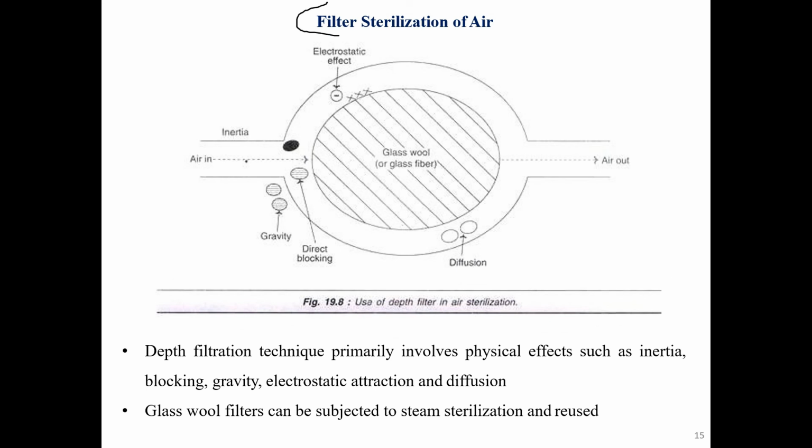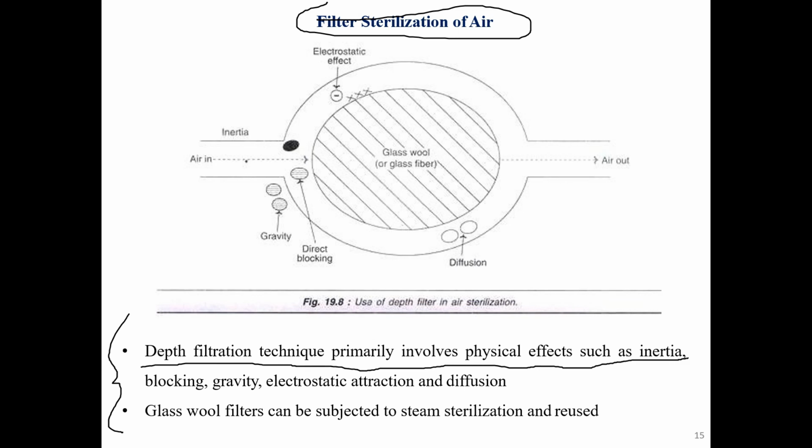So coming to the last thing, which is the filter sterilization of air. Filter sterilization is a very easy thing. As you can see from the wording here, the depth filtration technique primarily involves physical effects such as inertia, blocking, gravity, electrostatic attraction, and diffusion.